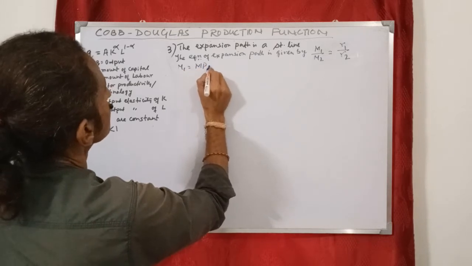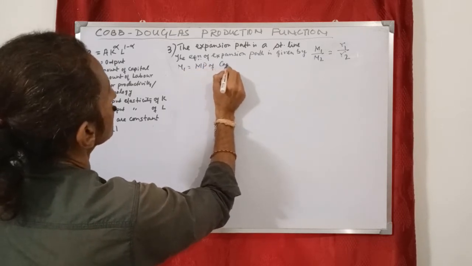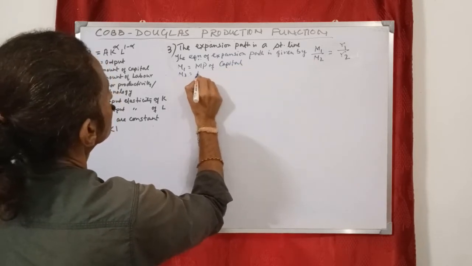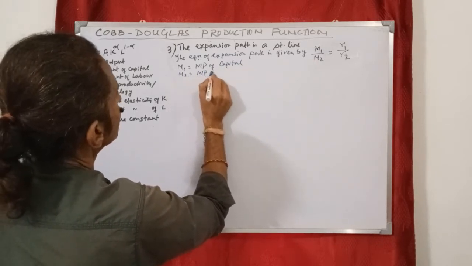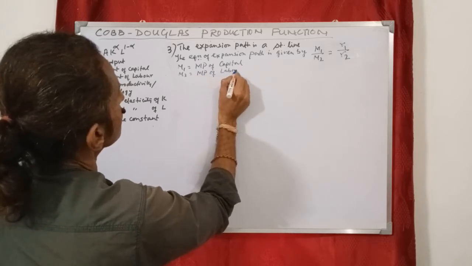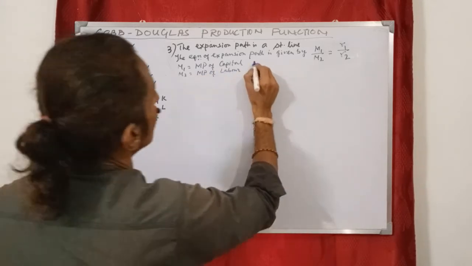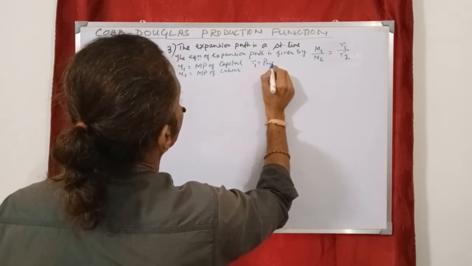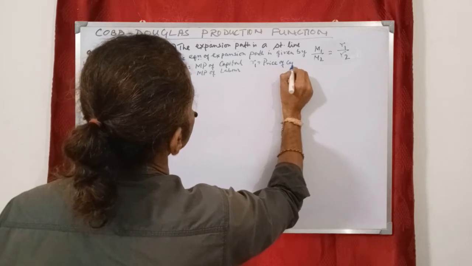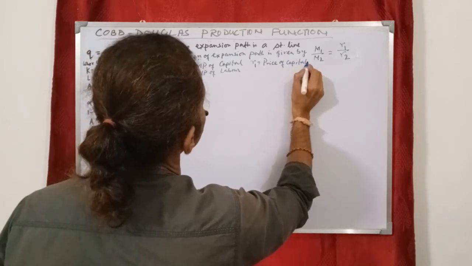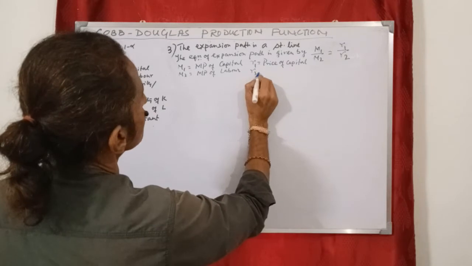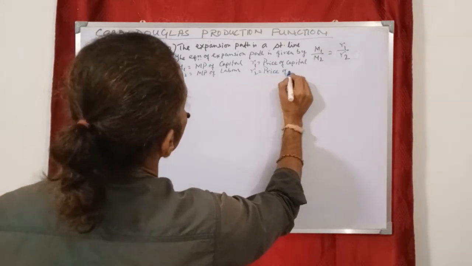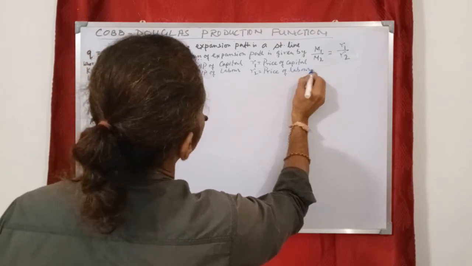marginal productivity of capital, M2 equals to marginal productivity of labor, R1 equals to price of capital, that is cost of capital, and R2 equals to price of labor, that is wage rate.